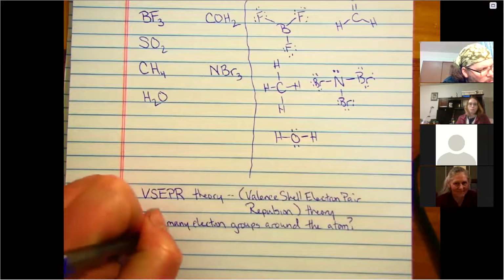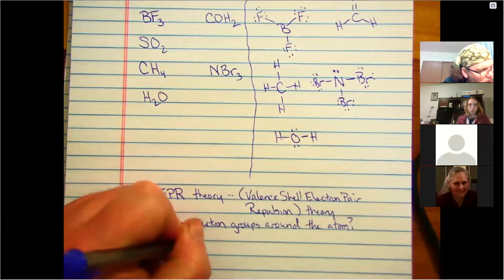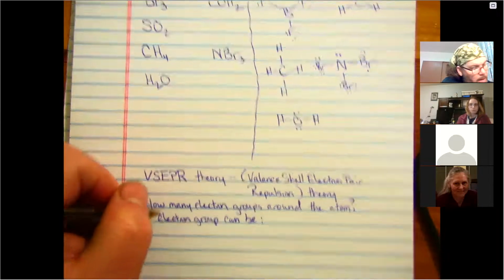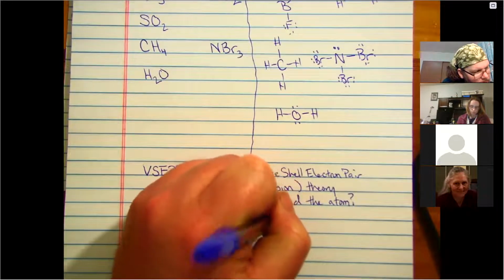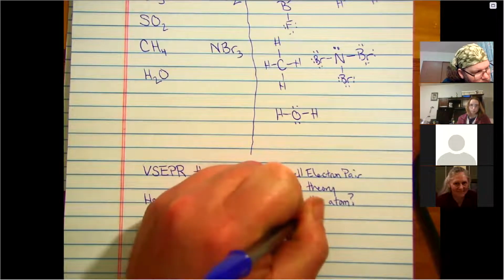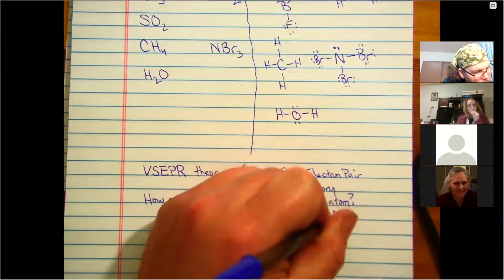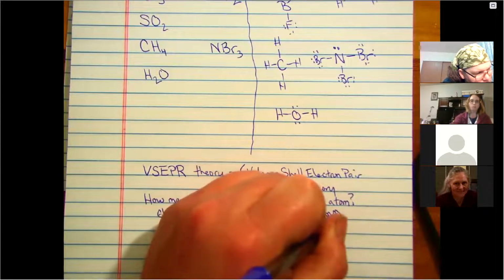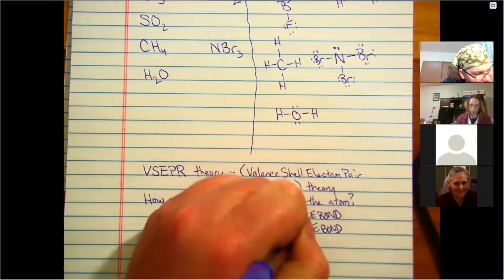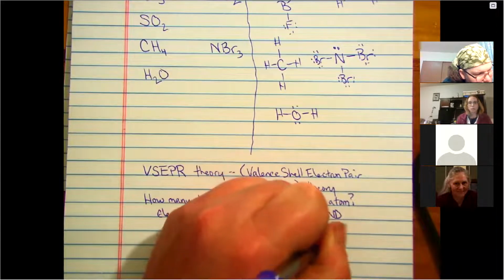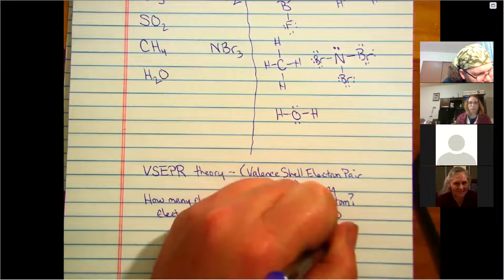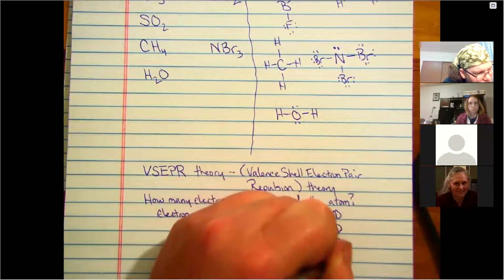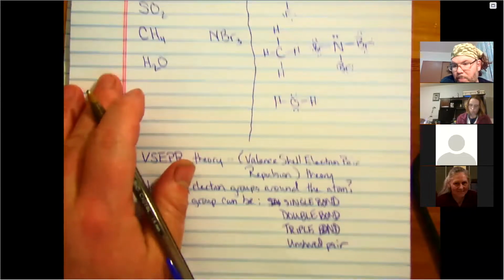So an electron group can be a single bond, or a double bond, or a triple bond, or an unshared pair of electrons.